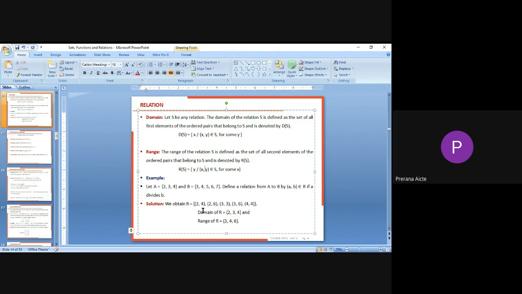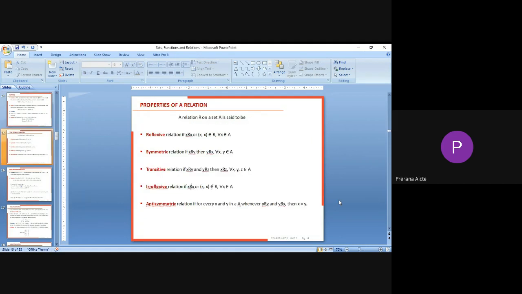Here the relation given is A divides B. So the elements from set A and set B should follow this relation, and according to that the pairs are (2, 4), (2, 6), (3, 3), (3, 6) and (4, 4). Now the domain is {2, 3, 4}, and the range is {3, 4, 6}. Like that, we can find the domain and range for a given relation.